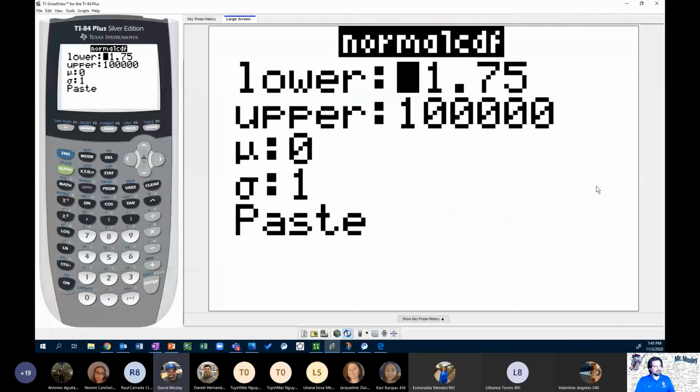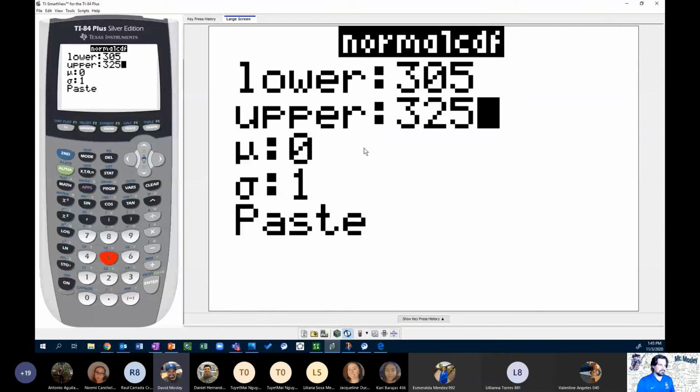But we also can use the calculator here. The advantage of the calculator right now is that I don't even need to have it standardized. So I can say, okay, I'm going to just use the numbers I got, 305 to 325. The mu is 304. Standard deviation is 8.